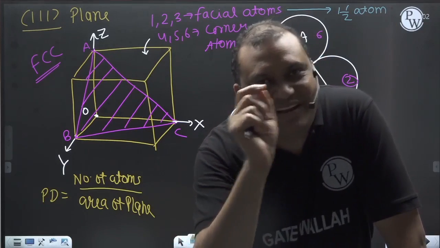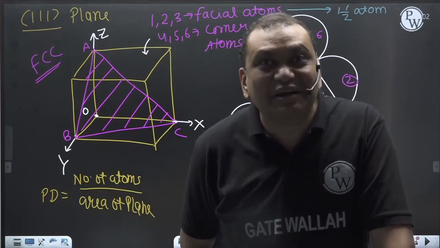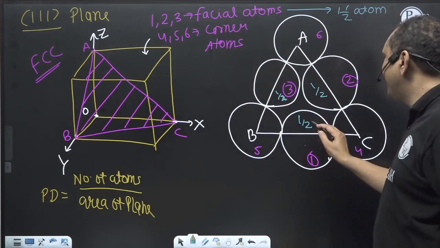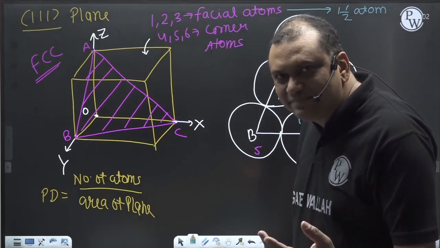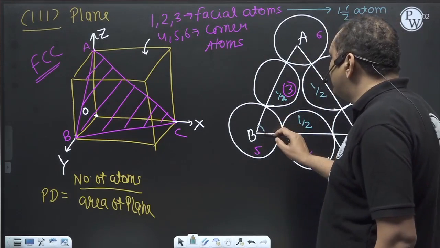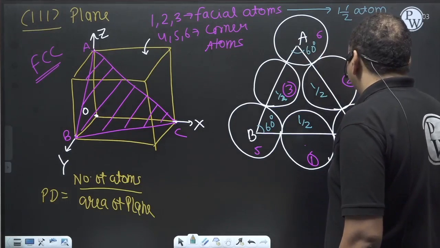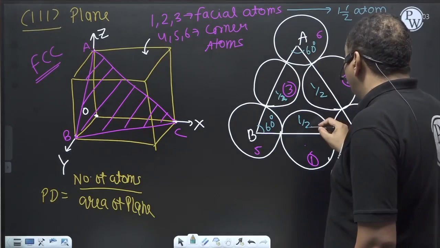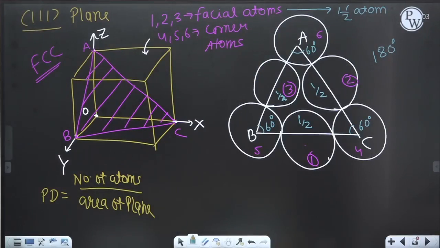For the calculation of planar density, I see the area. Half area of atom, half area of atom, half area of atom. Our simple common sense says that this will be an equilateral triangle, so each angle will be 60 degrees, and all three come out to be 180 degrees.